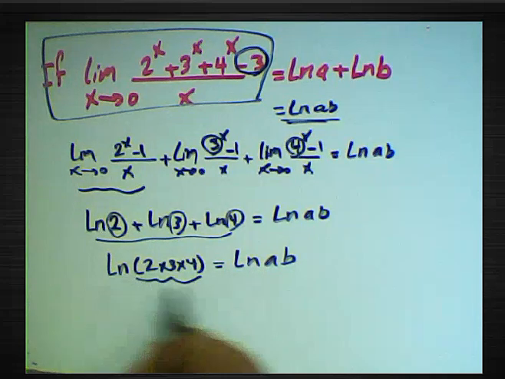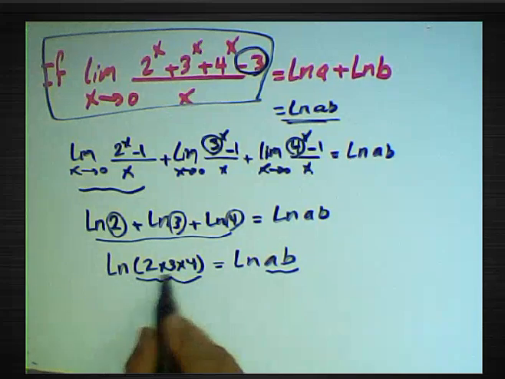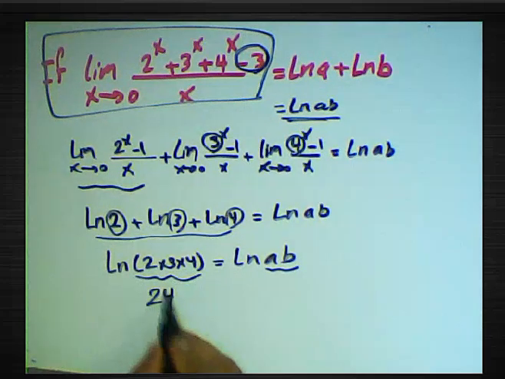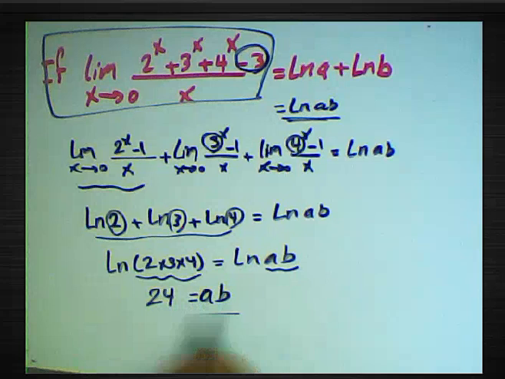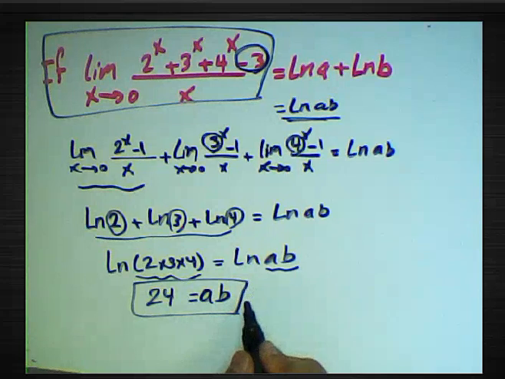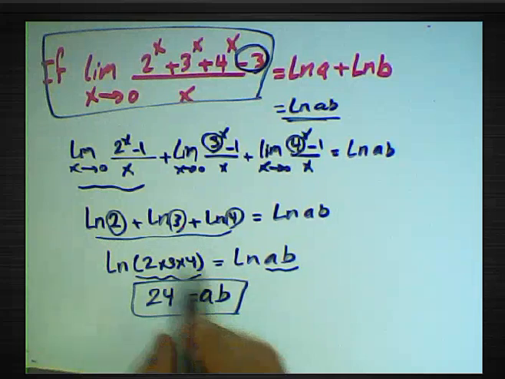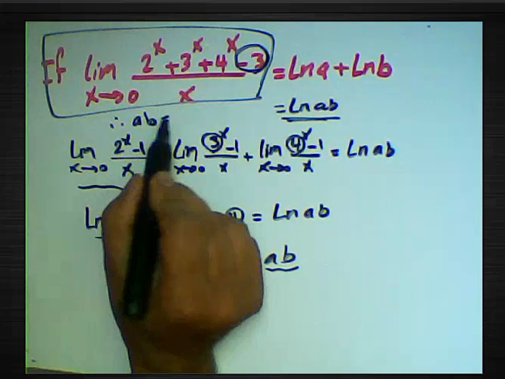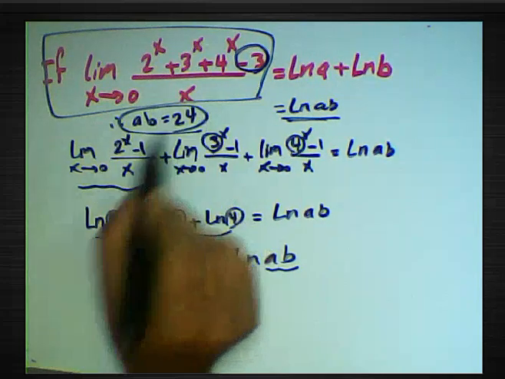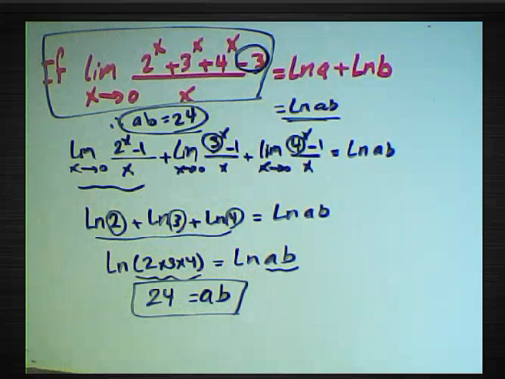We must compare ab with 2 times 3 equals 6, 6 times 4 equals 24, which equals ab. So what do you want to find? a times b. He asked about ab, so it will be equal to 24. Then the result will be 24.